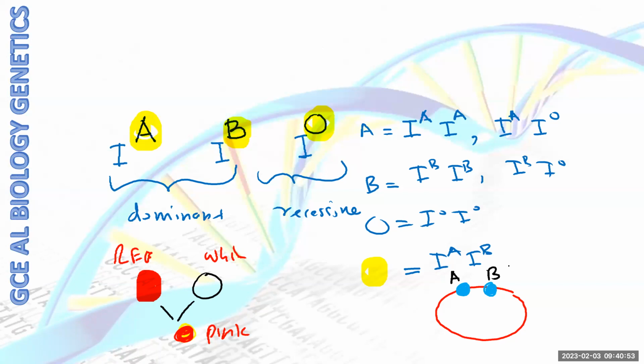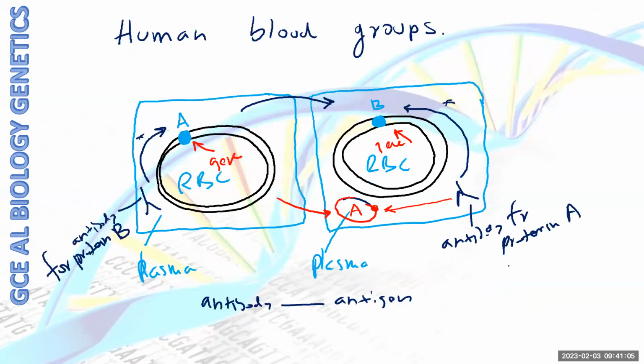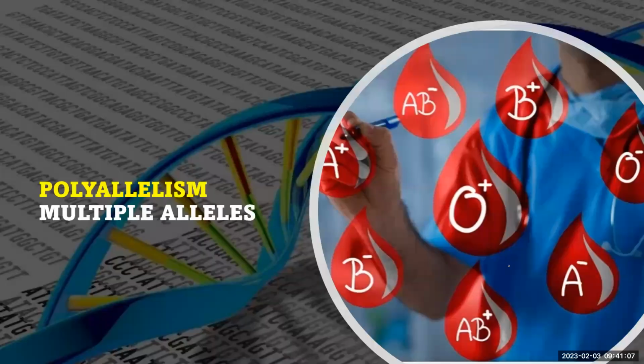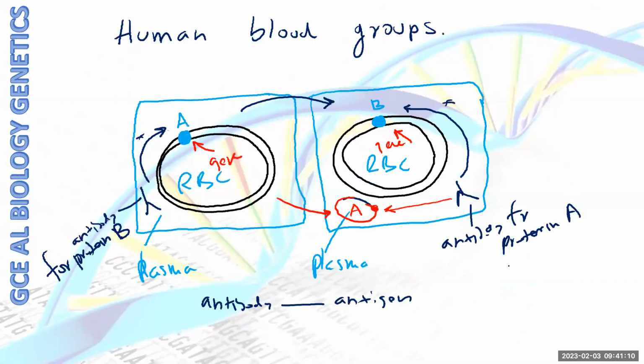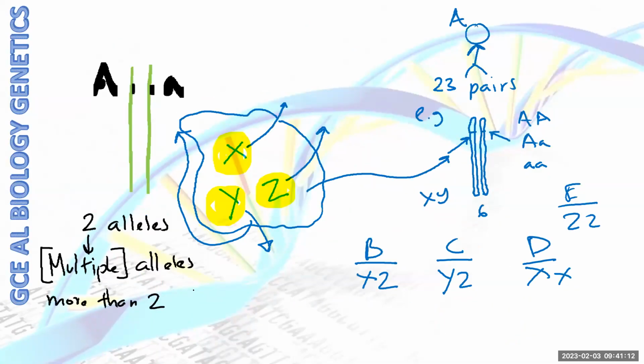Now we can learn two concepts. One of the two concepts with one example: multiple alleles are more than two alleles occupying the same locus. That's important. If we want to define multiple alleles, we define it as more than two alleles occupying the same loci.